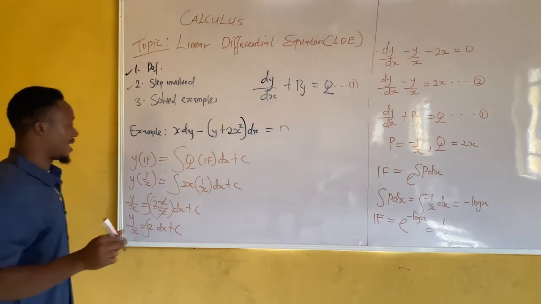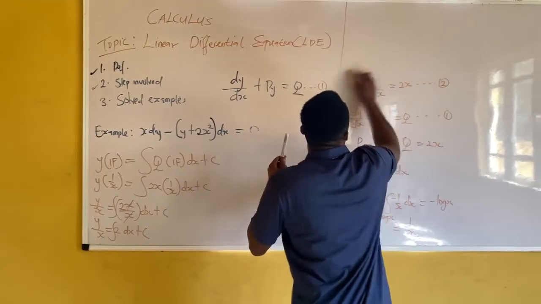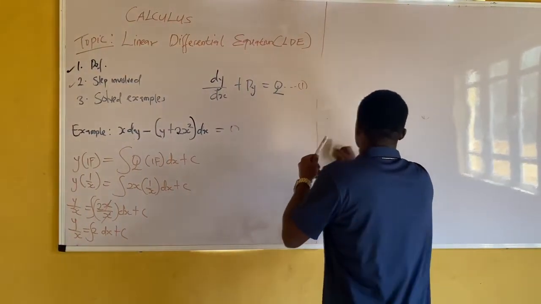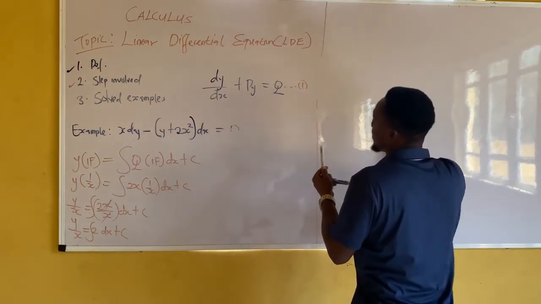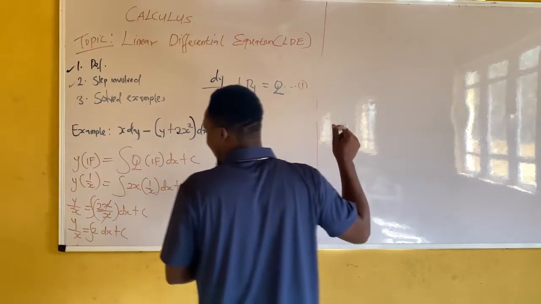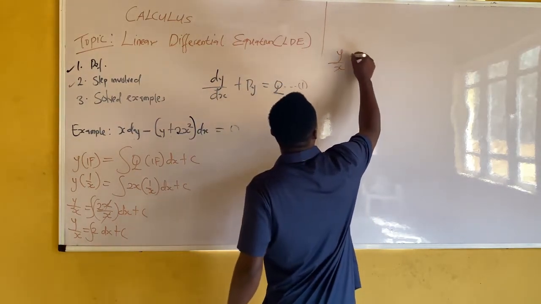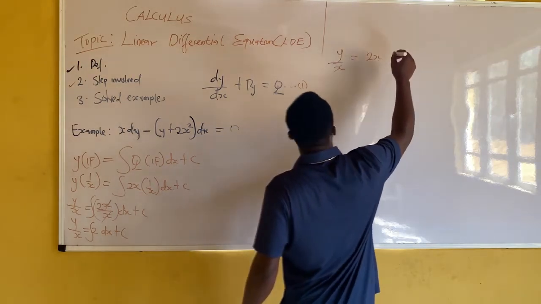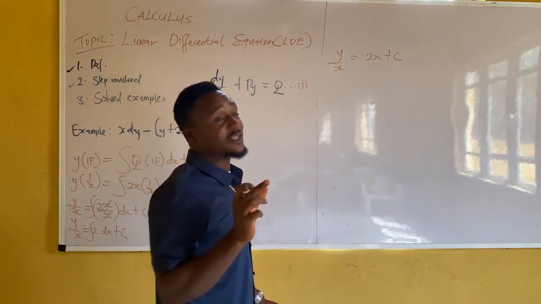So when we integrate the right hand side, let's integrate the right hand side. Once we integrate the right hand side, we are going to have y over x is equal to 2x plus c. Now, we have to make our y subject from here.